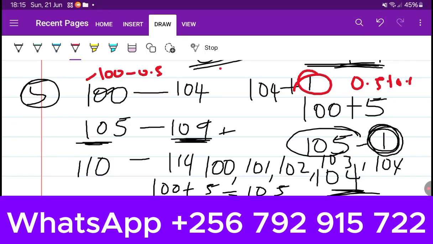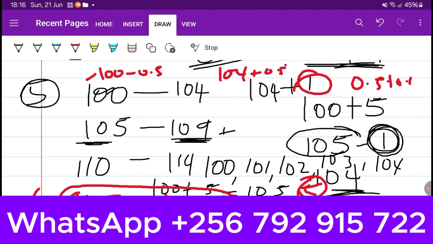Then on this one, it will be 104 plus 0.5. So for step 6, the class boundaries will be 99.5 to 104.5. When you subtract these two, you will still get your class width of 5.